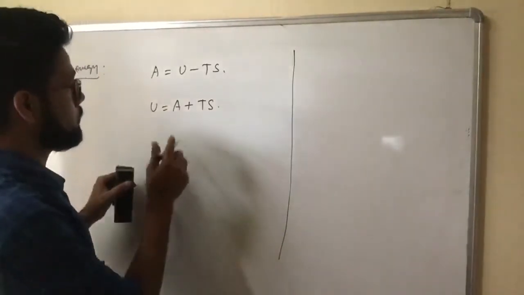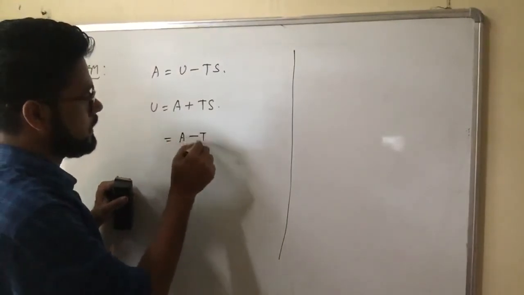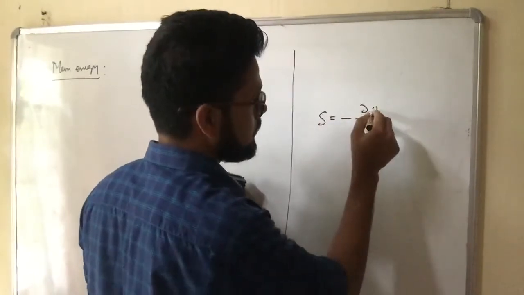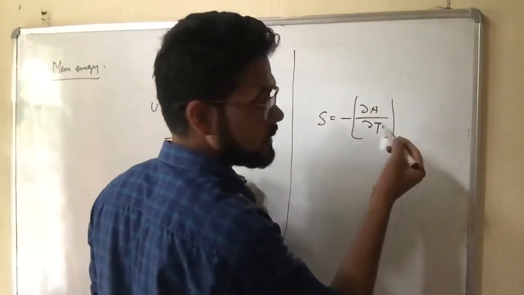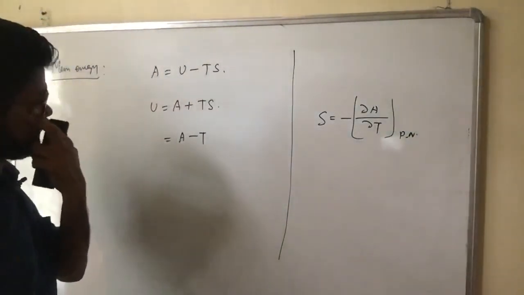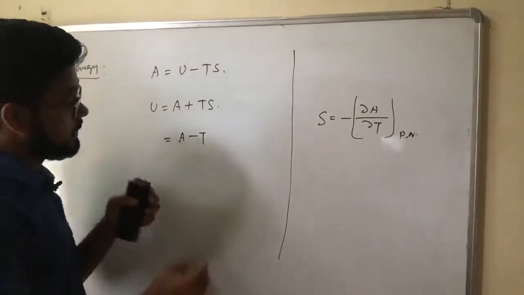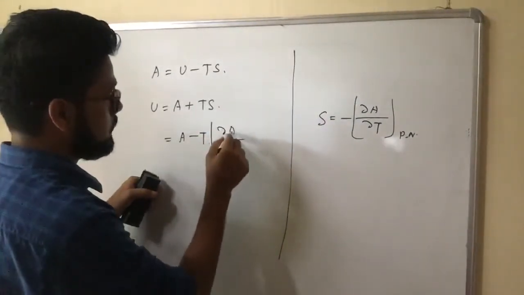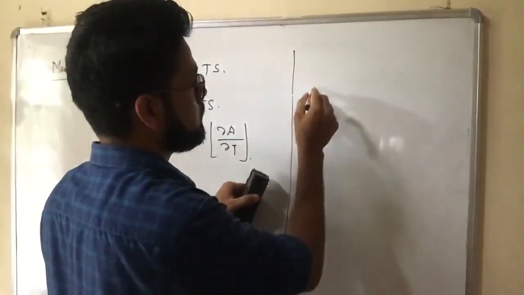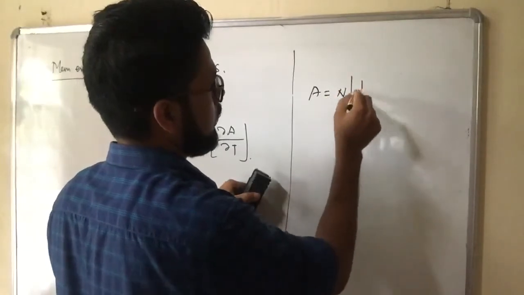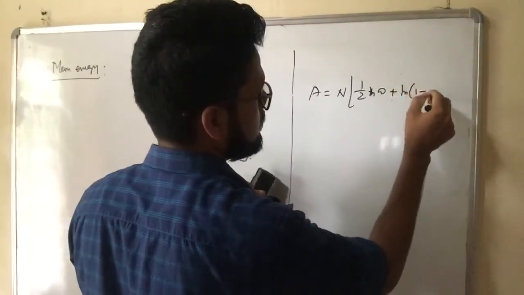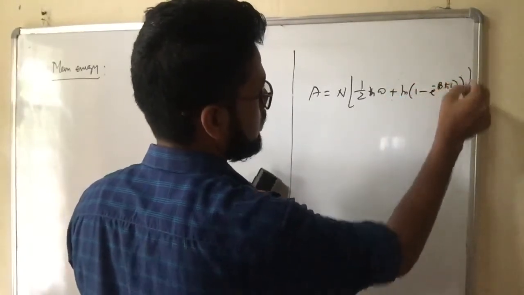But you can convert this formula: A equal to minus T S, where S is equal to minus dA by dT at constant V and N. So suppose in the exam the free energy N times, half h cos omega plus ln of 1 minus e to the power minus beta h cos omega, is given.